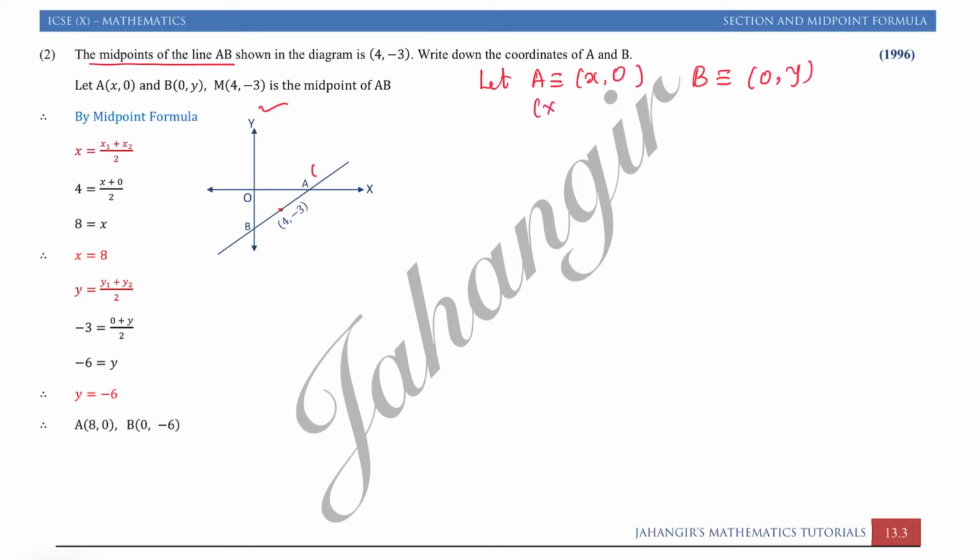A lies on the x-axis and B lies on the y-axis. Any point which lies on the x-axis, its y coordinate is always 0, and B lies on the y-axis, so its x coordinate is always 0.